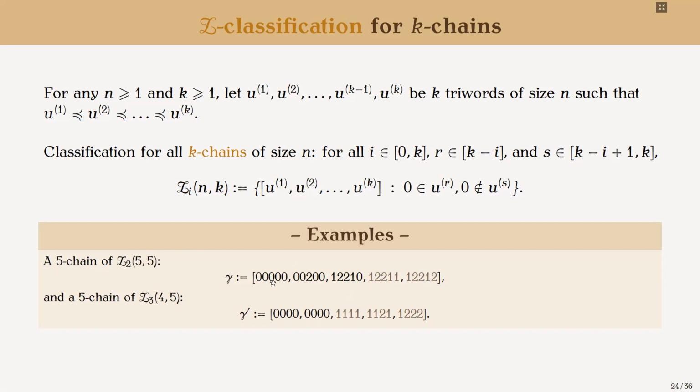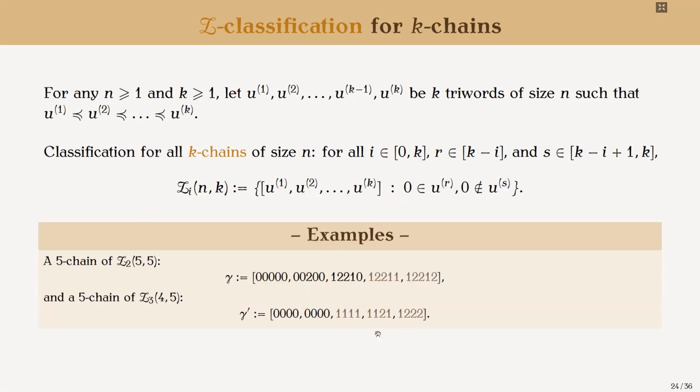The 5 is because we have words of size 5, and the other 5 is because this is a 5-chain. Another example of a 5-chain, this time with words of size 4, has i equal to 3 because we have 3 words without 0.